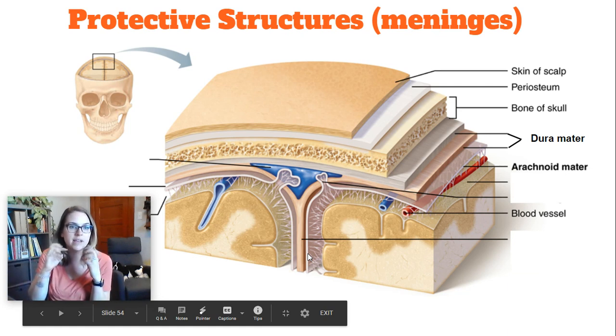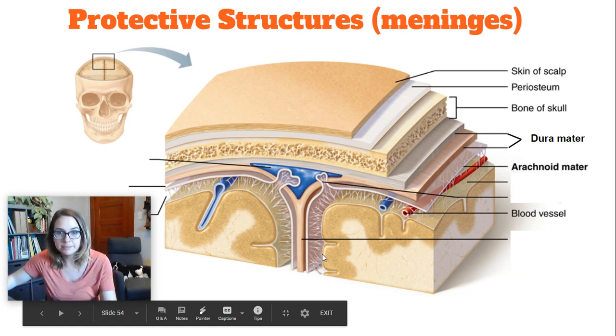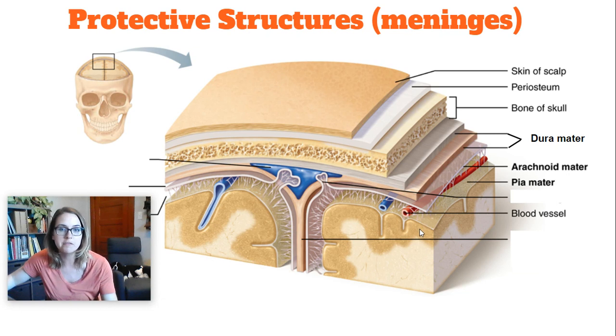It's very fibrous, right? Very, very tough, but fibrous. Pretty thin. And then the bottommost layer that's just touching on top of the flesh of my brain, the cerebrum, is called the pia mater. And those are the 3 meninges in order: dura mater, arachnoid mater, pia mater. So if you can remember DAP, from the outside to inside, DAP.